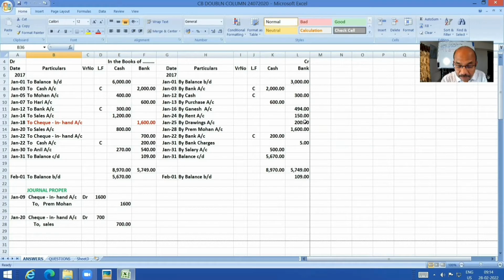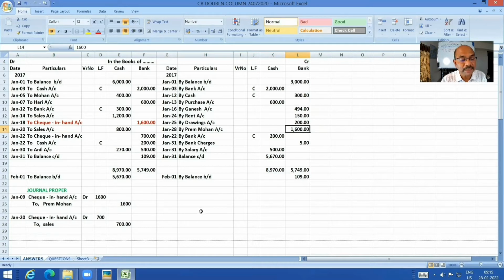Bank notifies that Prem Mohan check was disowned. Fine. Prem Mohan, how much? Prem Mohan originally was kept under check in hand 1,600. On deposit, check in hand got nullified. At the entry, net effect of it was bank to Prem Mohan. So now it has been disowned, means just reverse the entry right here by Prem Mohan 1,600.